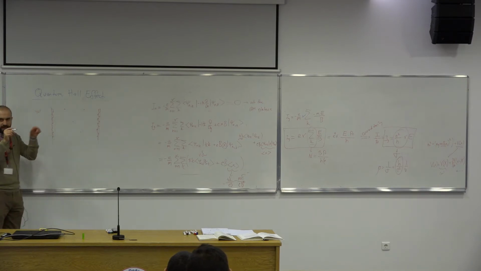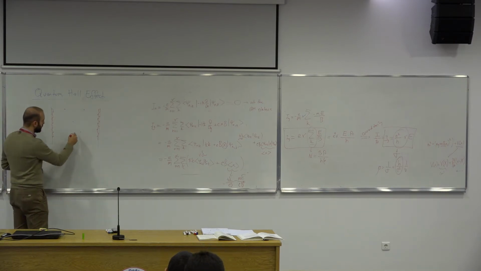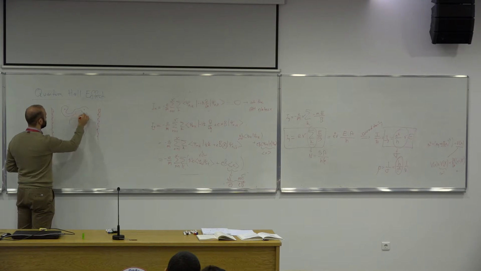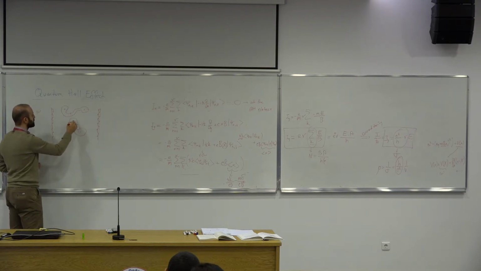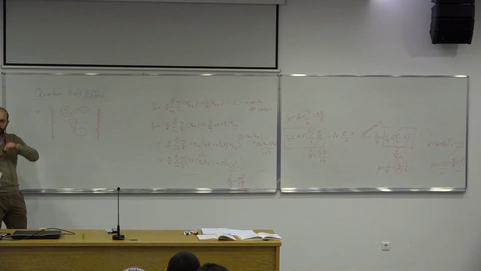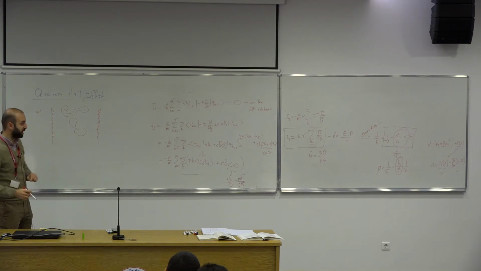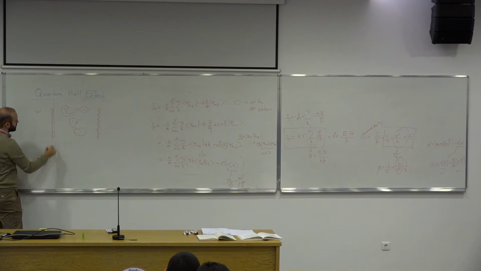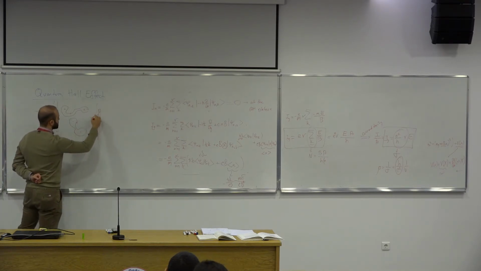There are lots of electrons doing these nice orbits, but some of them follow weird trajectories because of the disorder, but still they have to follow the trajectory defined by the external magnetic field. And other electrons at the edges are basically flowing forwards and backwards.